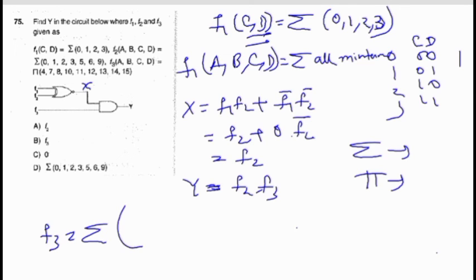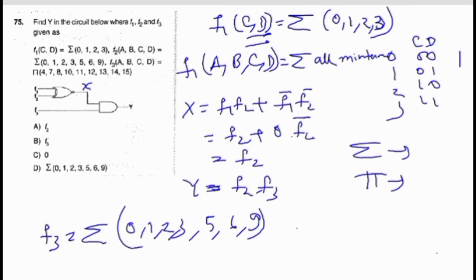Exclude these max terms, means 0 1 2 3, because these are not there in F3, right? So 0 1 2 3, these are min terms, and 4 7 8 10 which are given in the question, those are max terms, and 5 6 9, so this is F3.